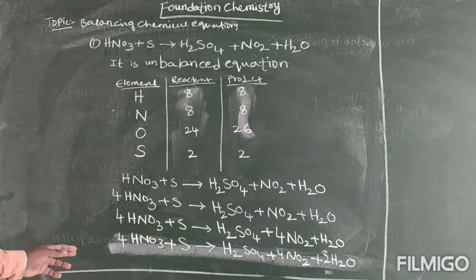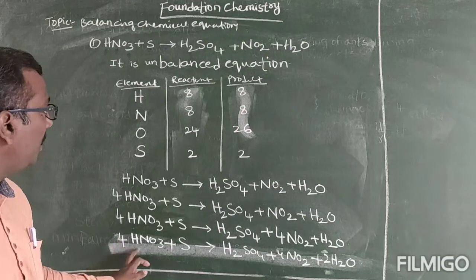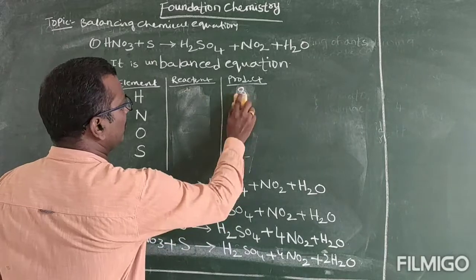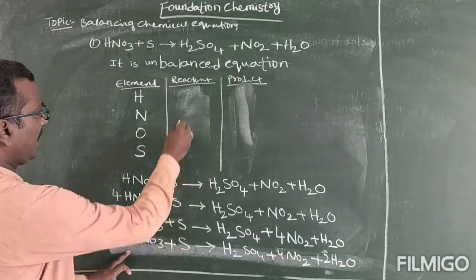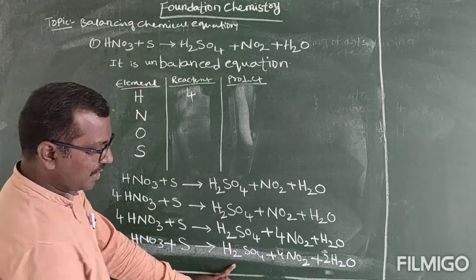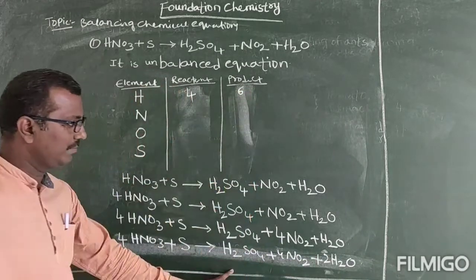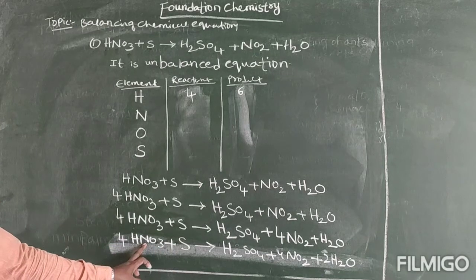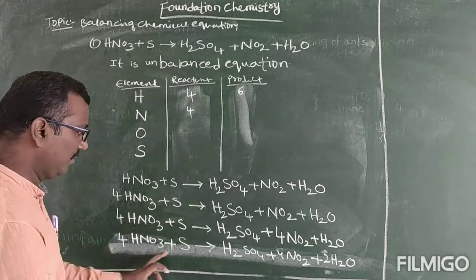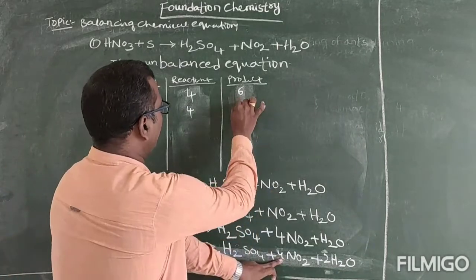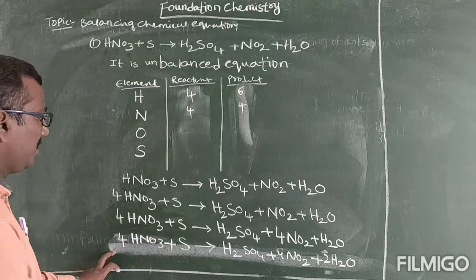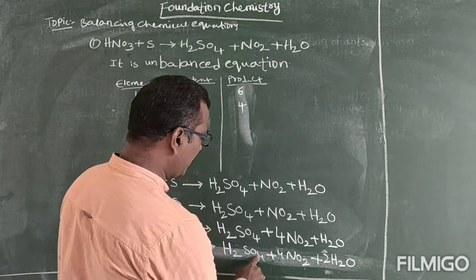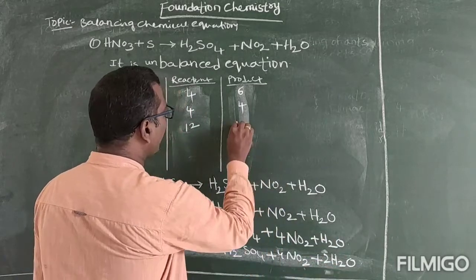Now you see, here 4 hydrogens are there, but here 6 came. Next, here nitrogens you see, 4 nitrogens, 4 nitrogens, 4 3s are 12, here 4 2s are 8 plus 4 is 12 plus 2 is 14.